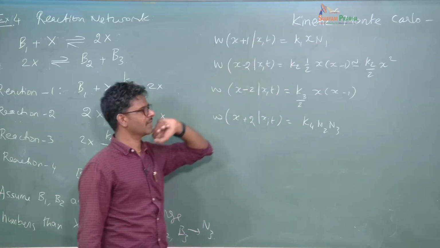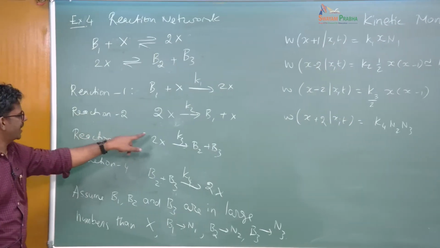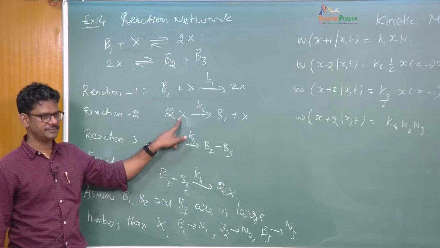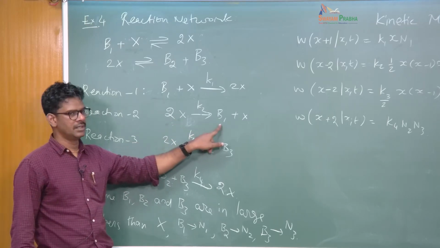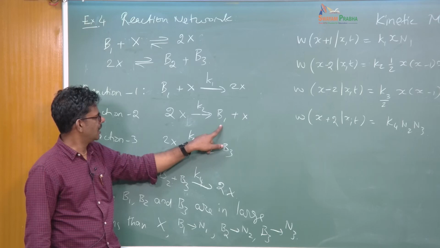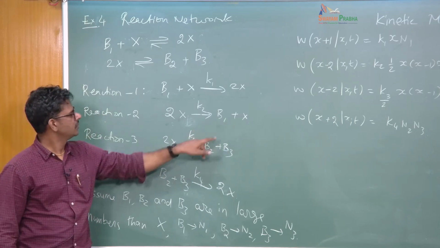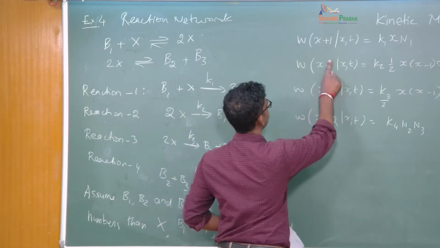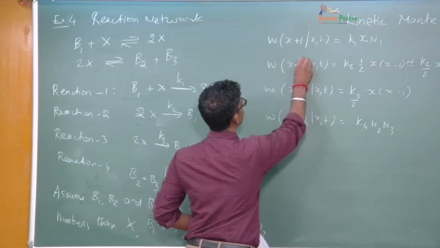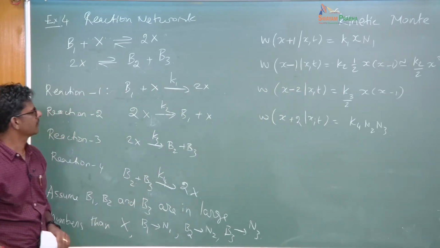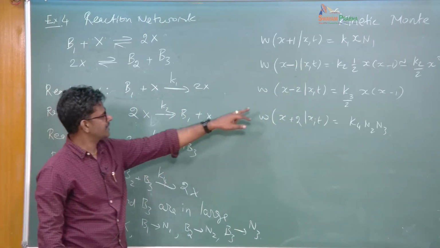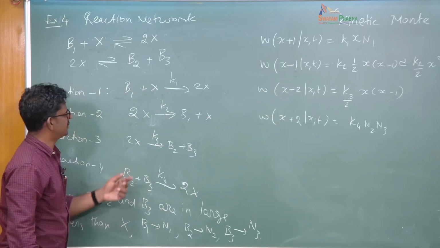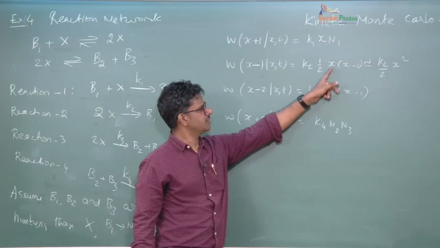Similarly, when I come to the second reaction, 2 molecules of X give rise to 1 X and 1 B1. So actually I should have this as X minus 1. One molecule decays, and the rate of this depends on the binary collision between X molecules.